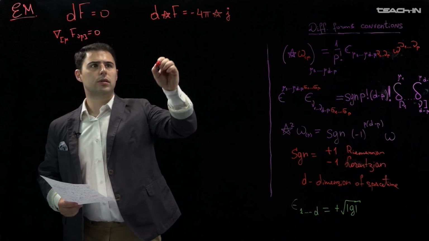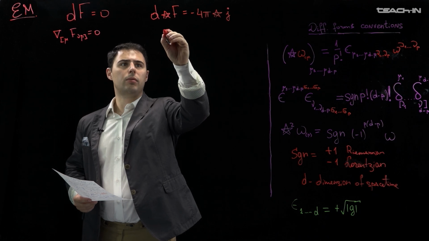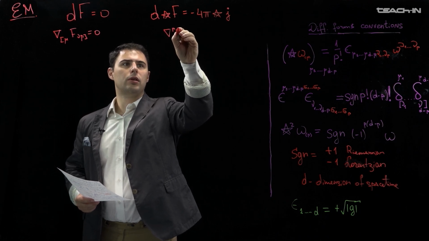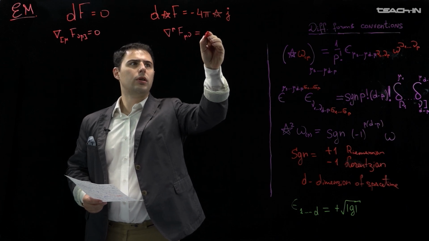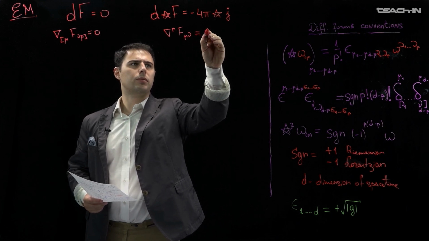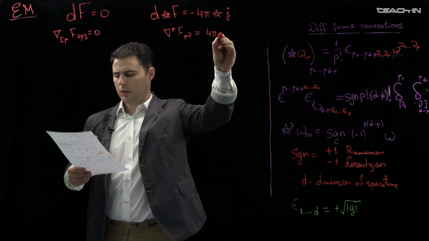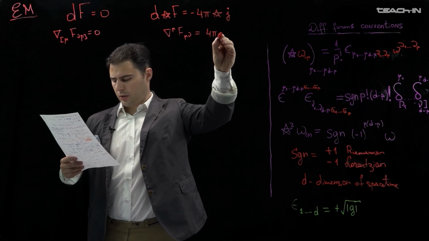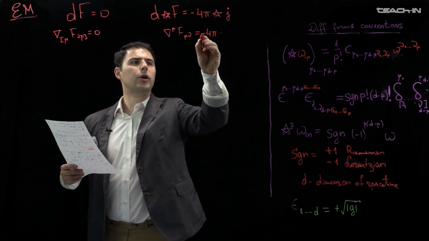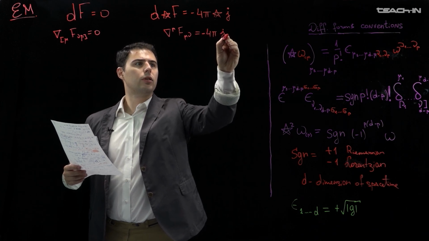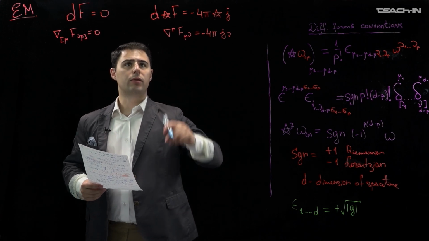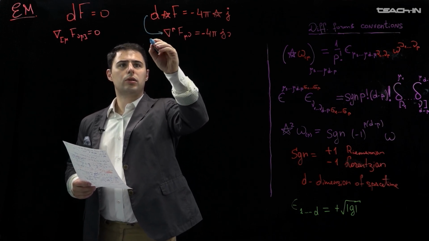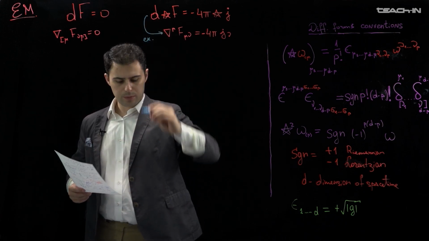And the Maxwell equation is the same as writing d^mu F_mu nu equals minus 4 pi J_nu. If you have never done that, it's a good exercise to check.